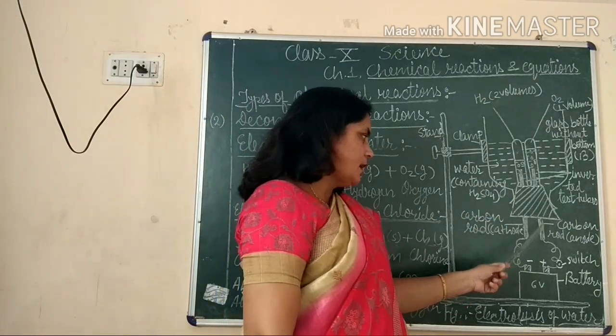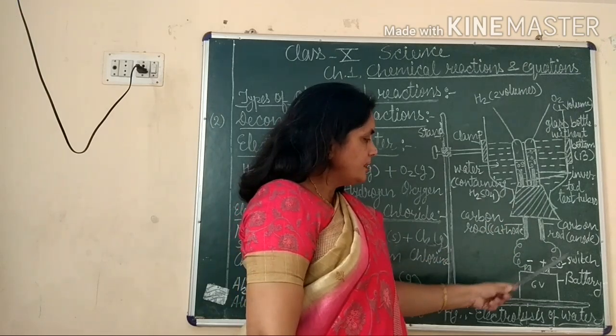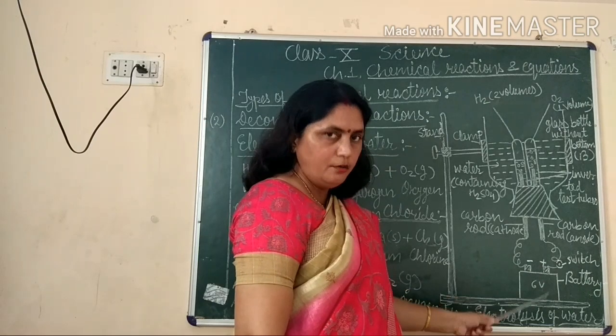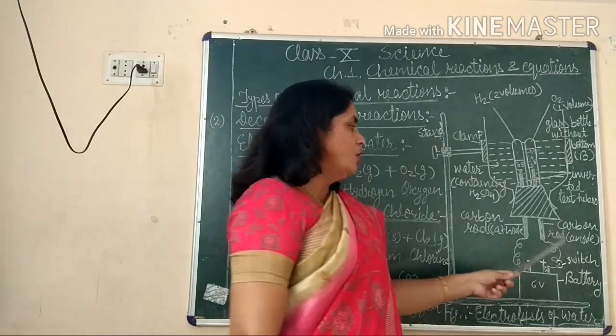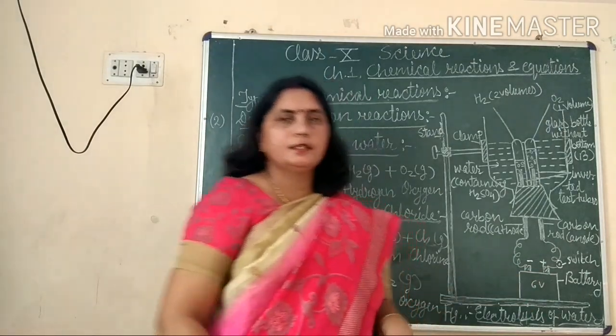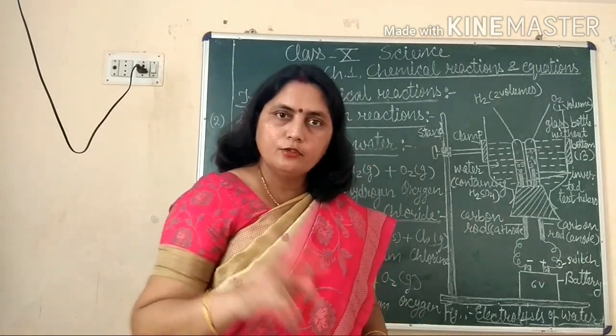And this carbon rod or electrode is connected with the positive terminal of the battery, so it is called the positive electrode or anode. So remember this thing: in an electrolytic setup there are always two electrodes.